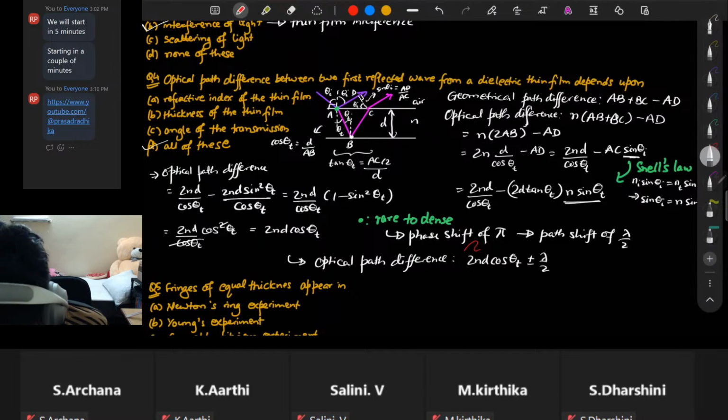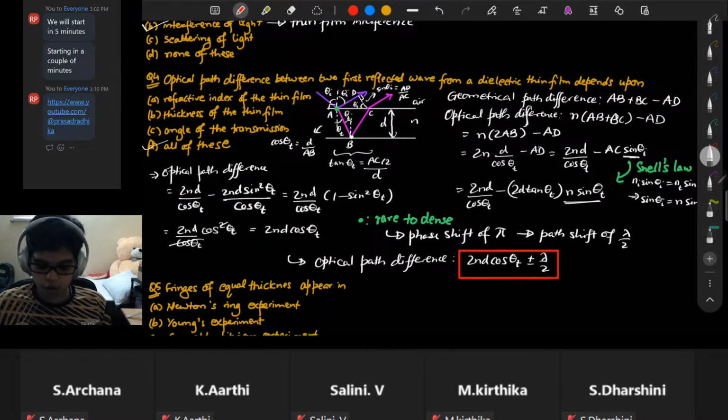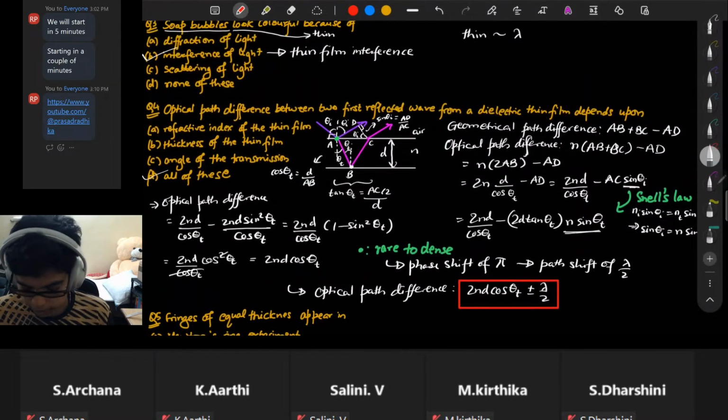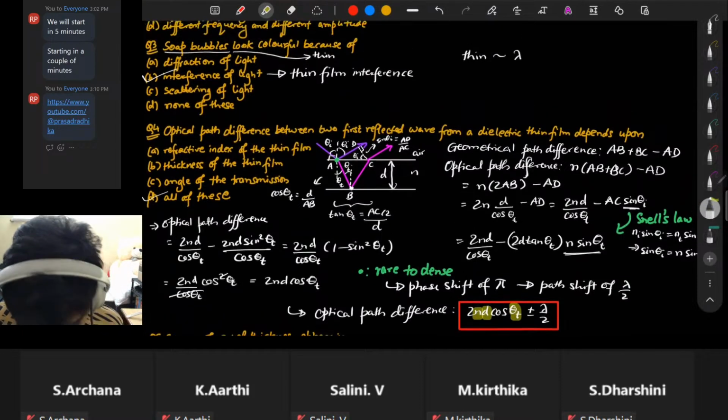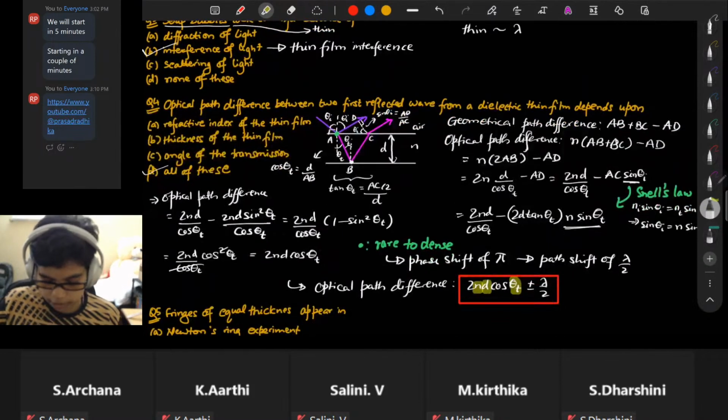It can be plus lambda by 2 or minus lambda by 2. So this is your optical path difference. And as you can see, it depends on your refractive index, your thickness, as well as the angle of transmission.